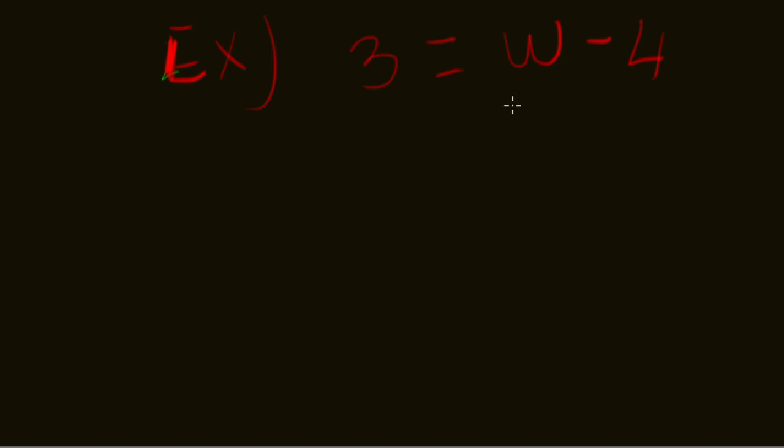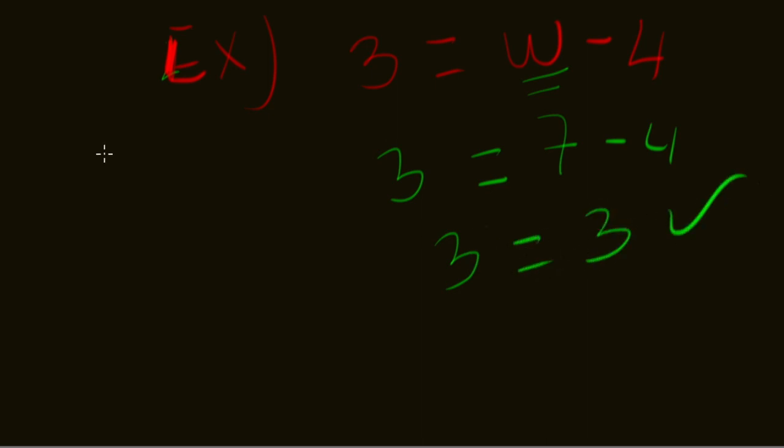You need the variable by itself, but you have this minus 4 that you need to put on the other side. Either you guess the number and ask, what number, if I subtract 4 from it, will give me 3? If you subtract 4 from 7, your answer is 3. So 3 equals 3. That's the easiest way of doing it.